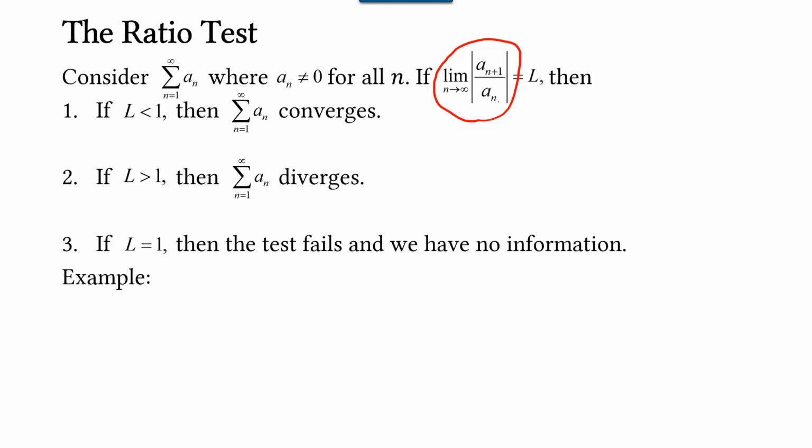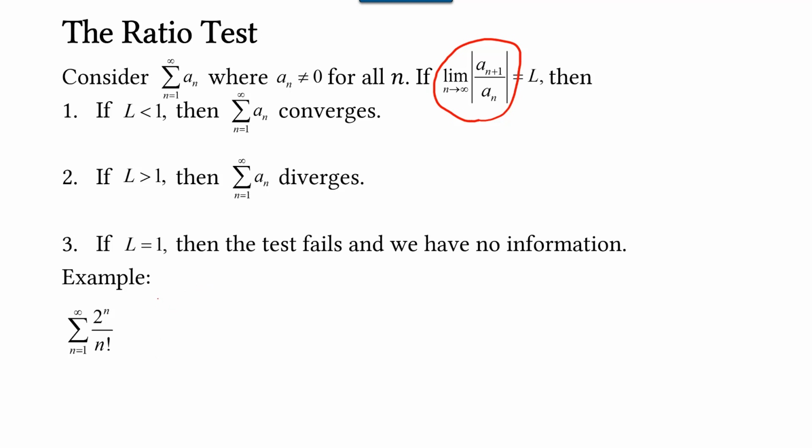Here's an example of how to use the ratio test. One of the reasons I put the factorial sequence on the worksheet a couple of times ago is that it's going to come up a lot when we're dealing with the ratio test, and also when we start looking at what are called Taylor series.